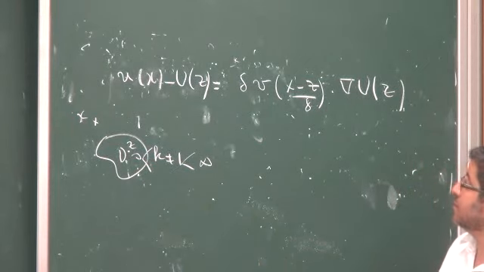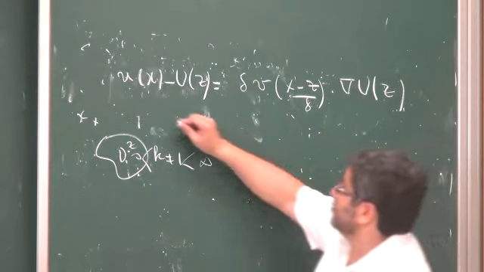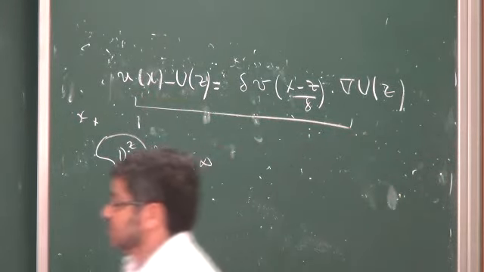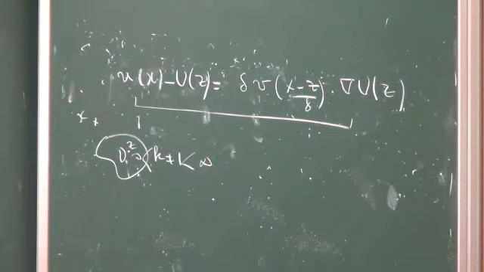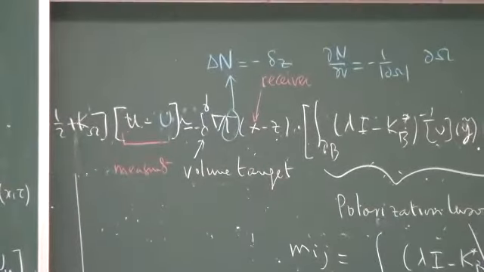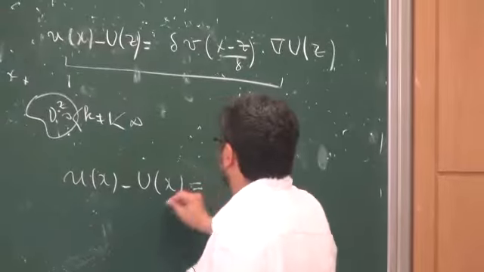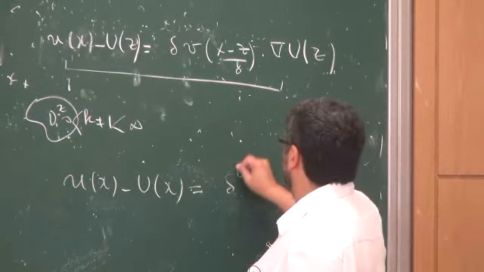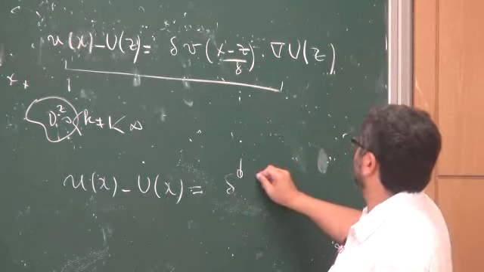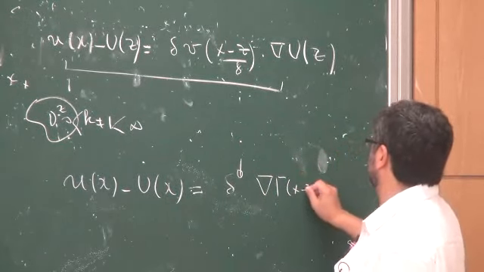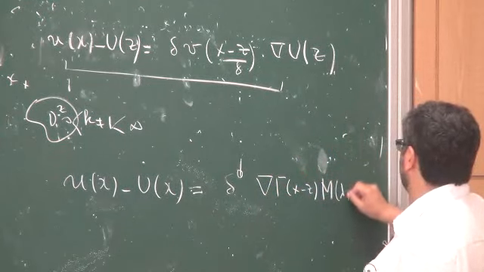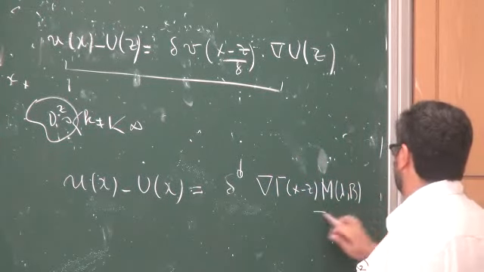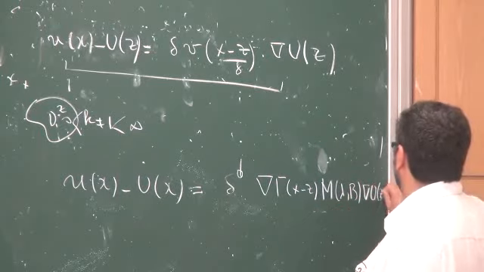So what's the link between this formula and this formula? This one, I will write it down here, with the same notation: u of x minus capital U of x is equal to delta times the volume of D times the gradient of the Green function at x minus z times the polarization tensor, or lambda B, this matrix applied to the gradient of u at z.